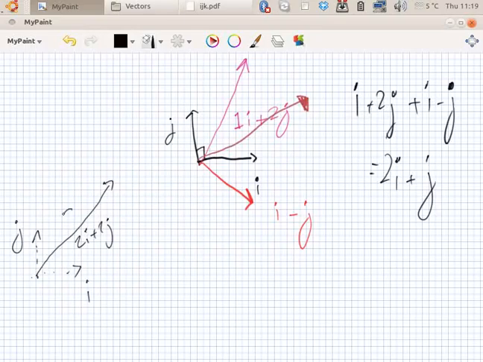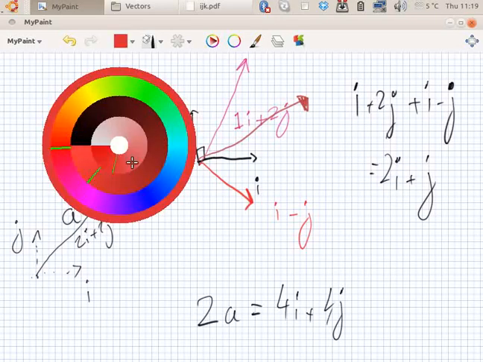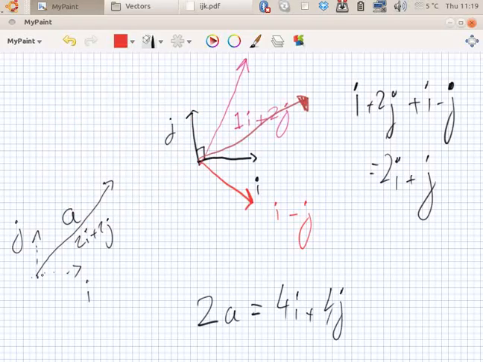I'll call that vector A. So what would 2A equal? 4i plus 4j. So that means if that's A, then 2A would be like this vector here, which of course you know already as well. So my point with this part of the notes is that i and j obey the normal algebra rules and they provide a convenient way to draw vectors.